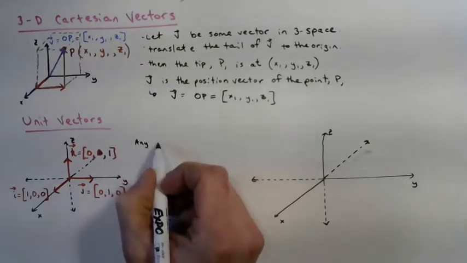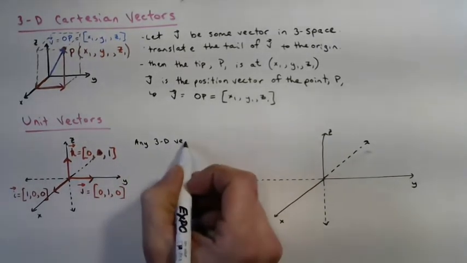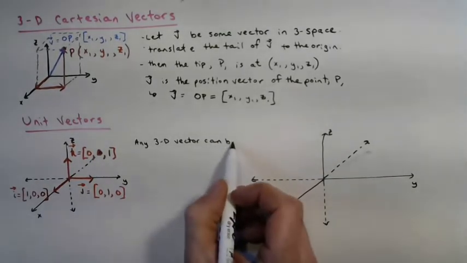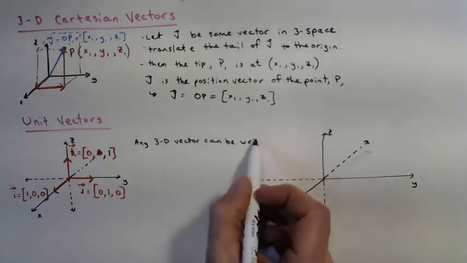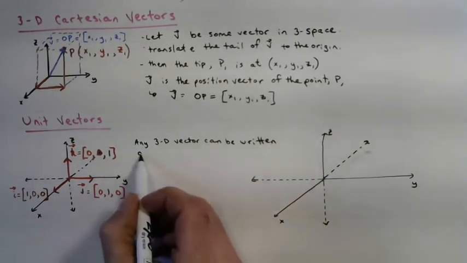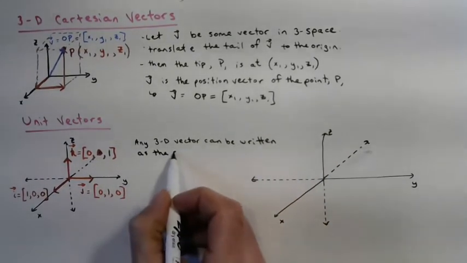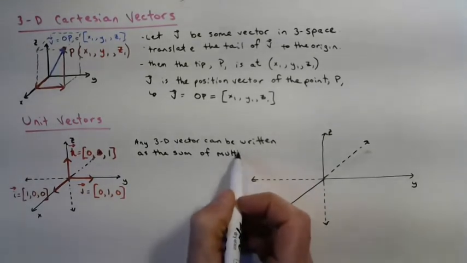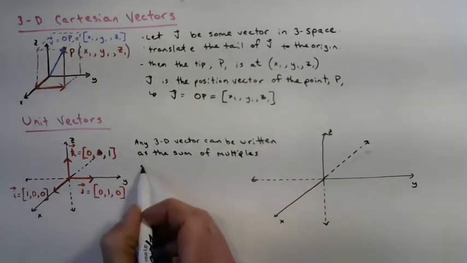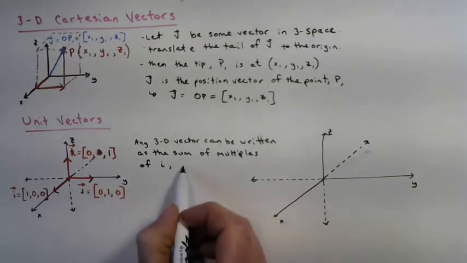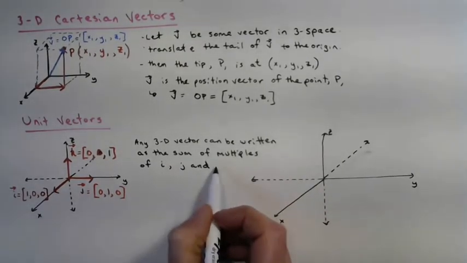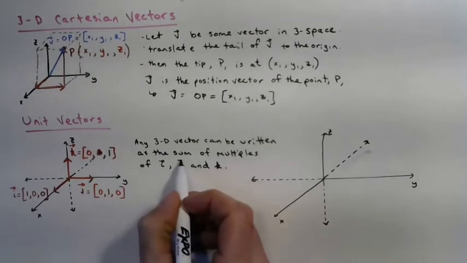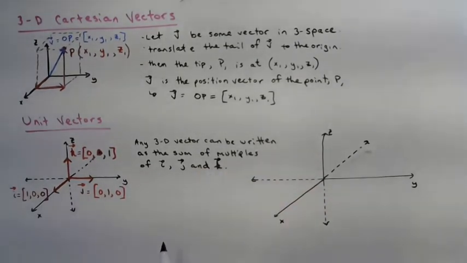Any 3D vector can be written as the sum of multiples of vectors i, j, and k.